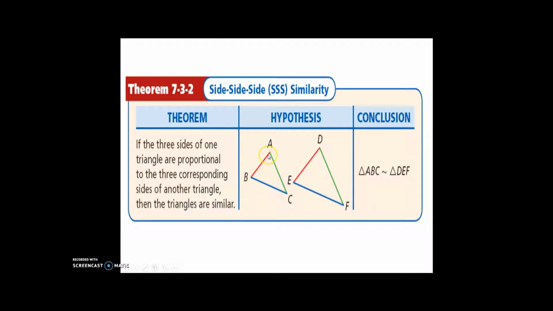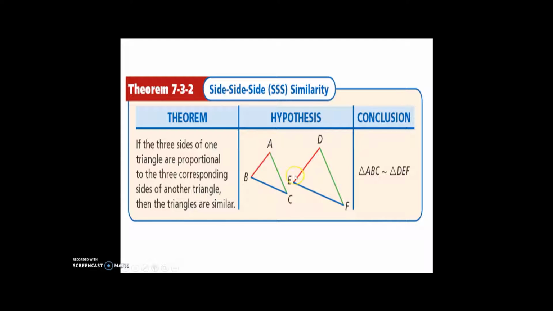So proportional just means this may be 5 inches, this may be 10 inches. That's a 1:2 ratio. Then this green and this green side better be that same exact ratio. So maybe this is 6 inches and this is 12. And let's think, what does that reduce to? It's a 1:2 ratio.